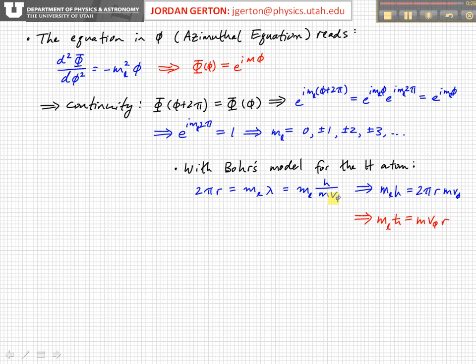That is the motion around in a circle. Okay, and so we can rearrange this equation as ml times h, Planck's constant, is equal to 2 pi r times m v phi, and so we see that ml h bar is equal to m v phi r.